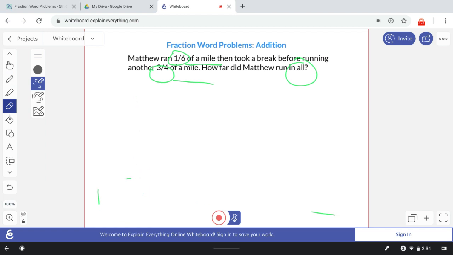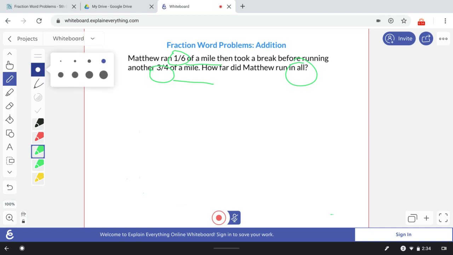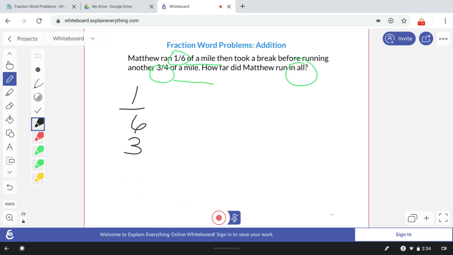And I'm going to rewrite it here. So I do want to switch back to blue. My eyes like the blue a little bit better. Can't do blue right now, so we're going to go back to black. Here we go. So I have 1/6 and 3/4.